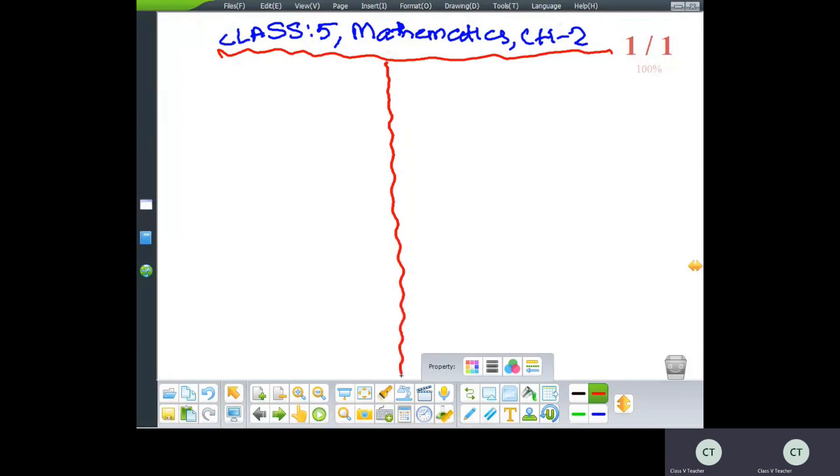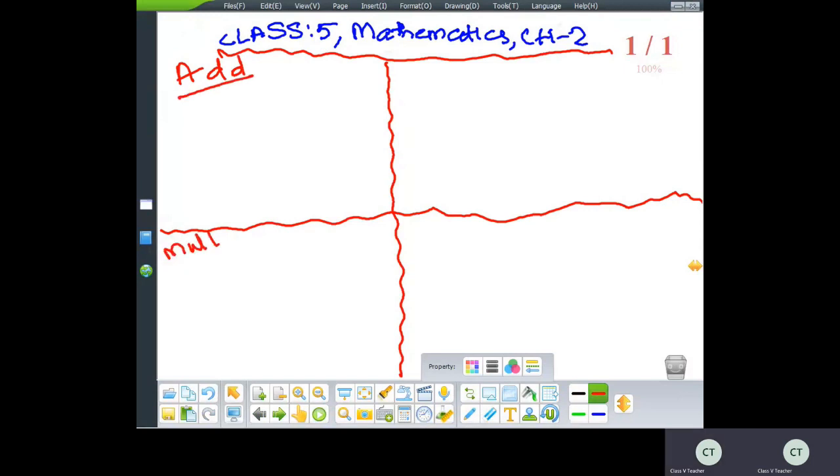Divide the board into 4 columns: addition, and this is multiplication. As I told you, addition's best friend is multiplication. These are some of the keywords which I am giving you: subtraction and then division.